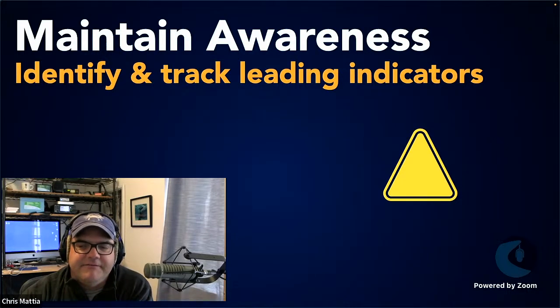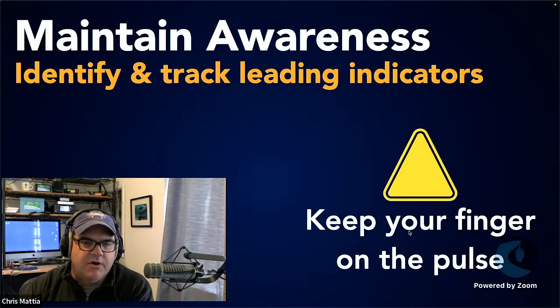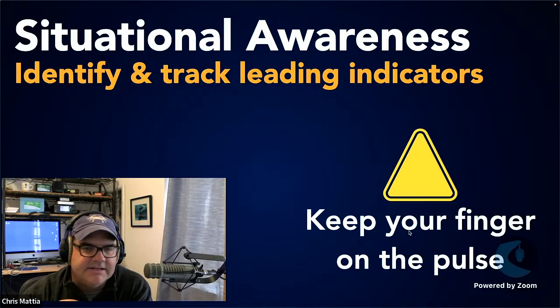I like to think of this as keeping my finger on the pulse of what's going on for the disaster. As an emergency communicator, this is probably one of your most essential roles, making sure that you know what is going on and the scope of things that are happening so that you're able to respond safely and appropriately as the needs arise.